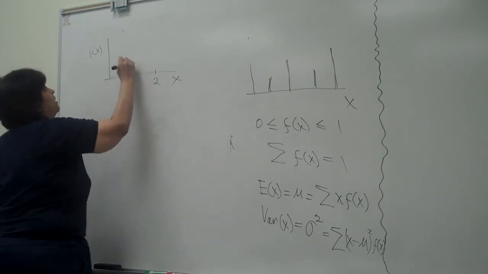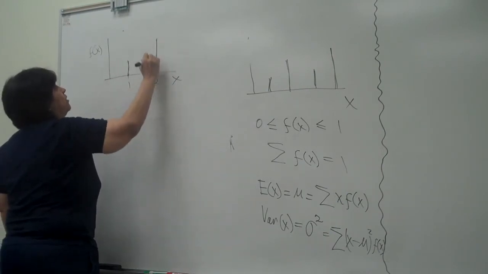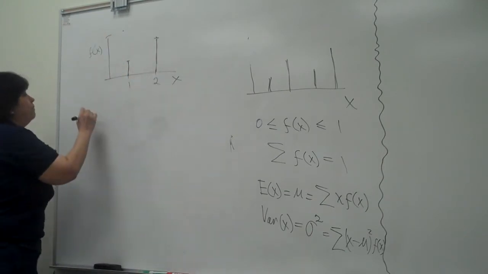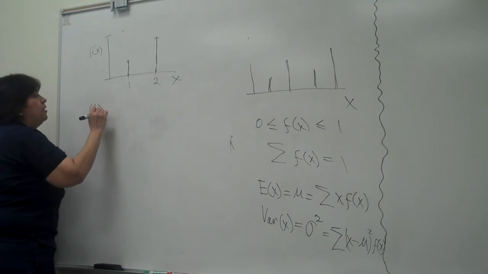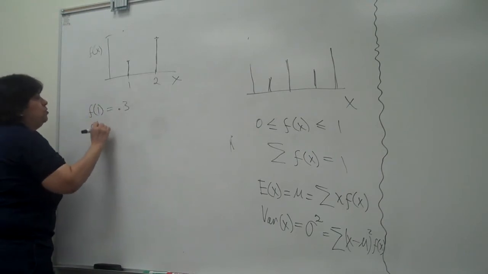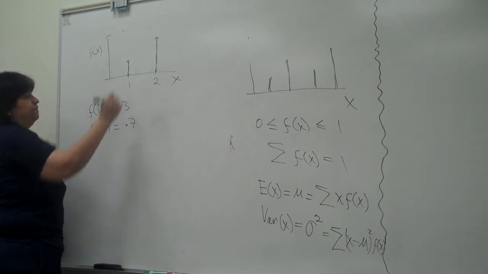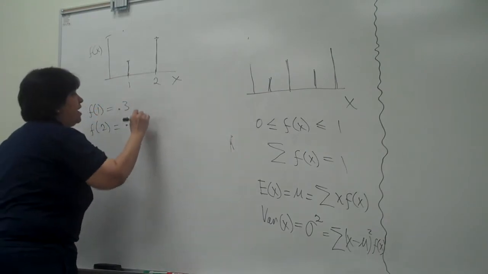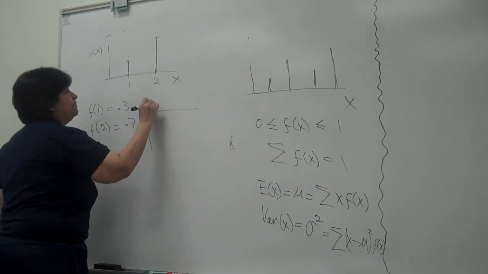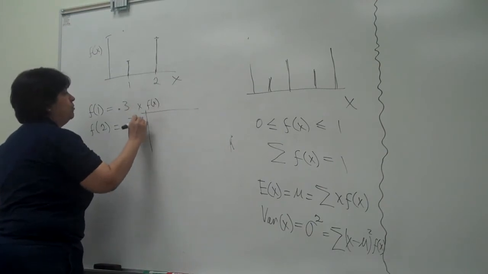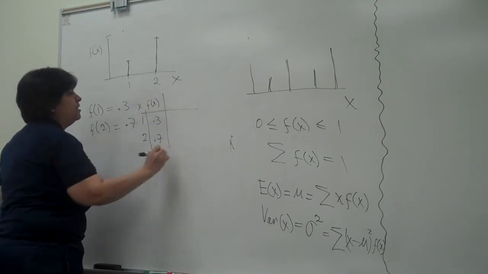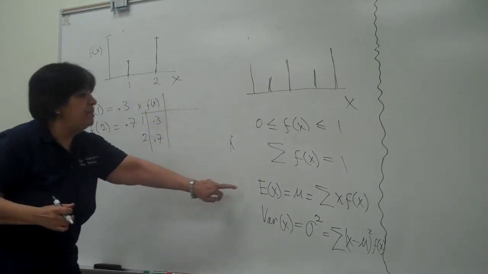For this one is 0.3, for this one is 0.7. So f of 1 is equal to 0.3 and f of 2 is equal to 0.7. I have this table: x is 1 and 2, f of x is 0.3 and 0.7.